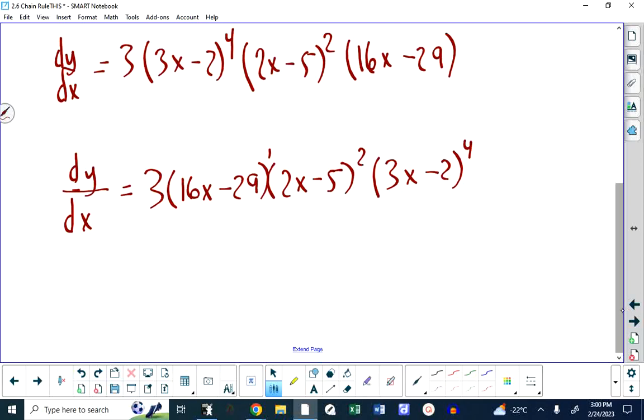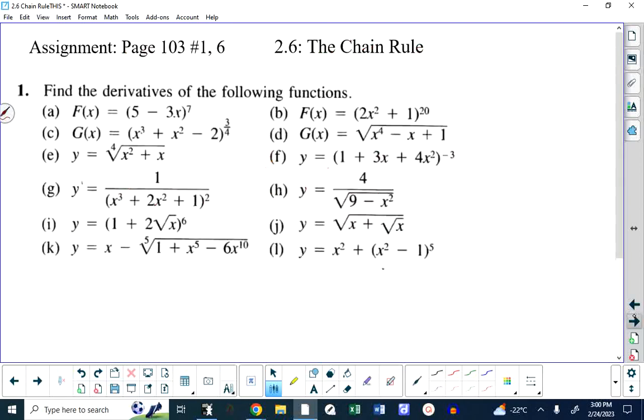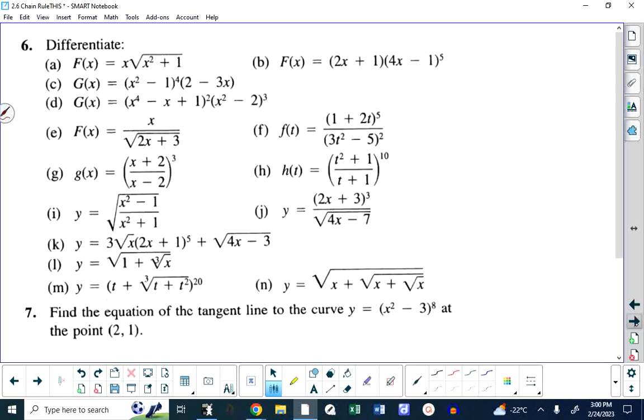So that's really kind of it for the bulk of the unit now in terms of differentiating. There's still 2 more things we want to talk about with derivatives next week. But the problem set that is attached to this in terms of your textbook, page 103, number 1, number 6, these all involve the chain rule and/or the product and quotient rules and power rules.